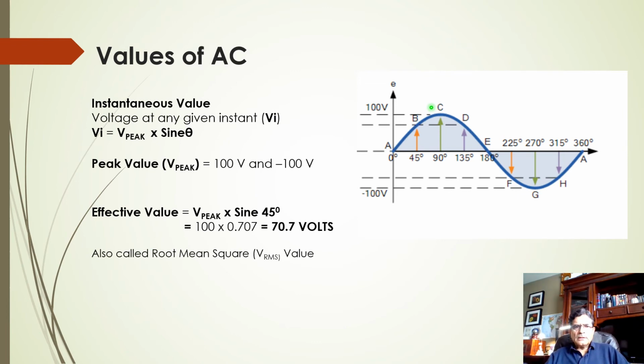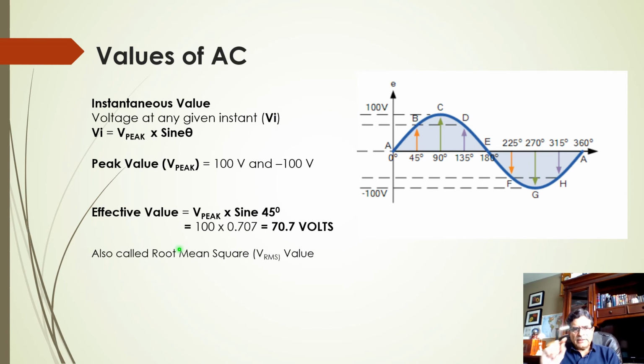So the engineers or the designers calculated the value, which is always the effective value, which is equal to the DC value, equal to the peak value times 0.707, which is sine 45, 70 volt. So we can say that AC peak gives like 70% of what DC gives.